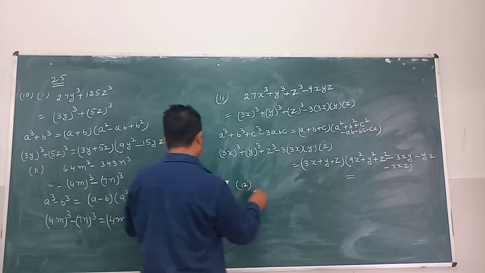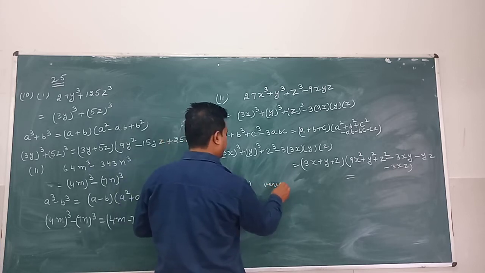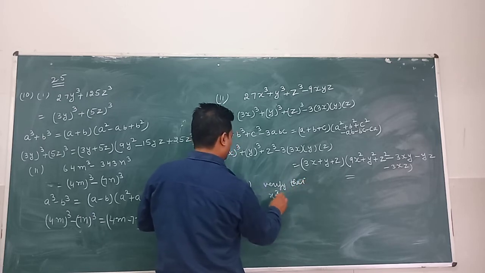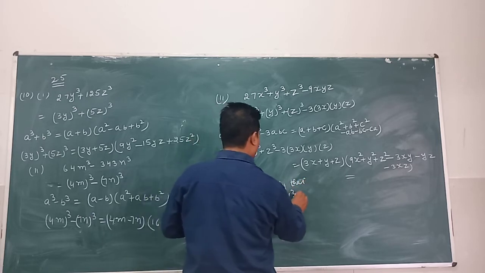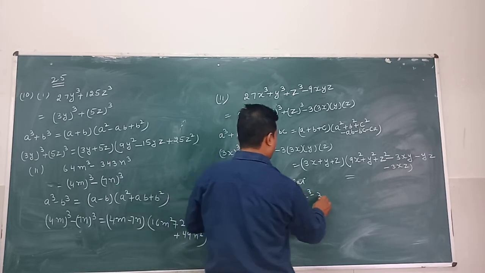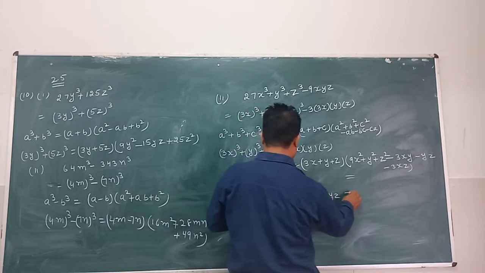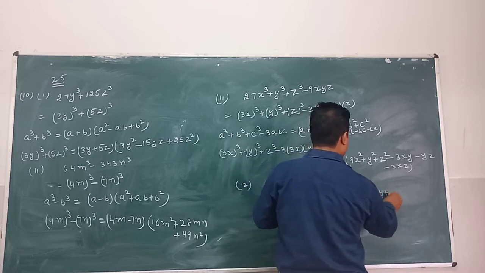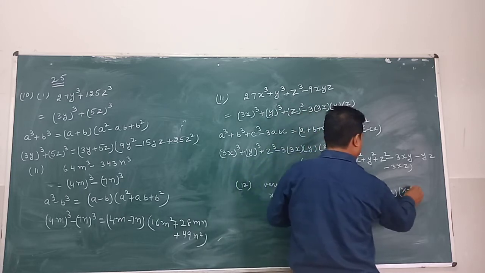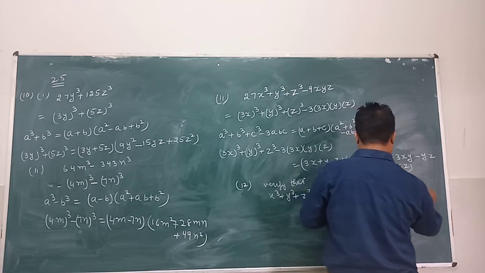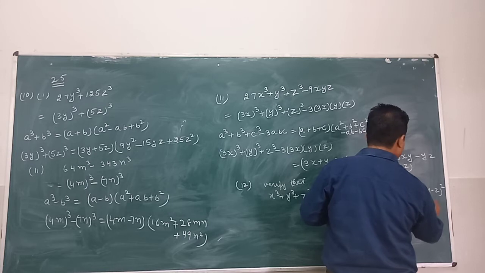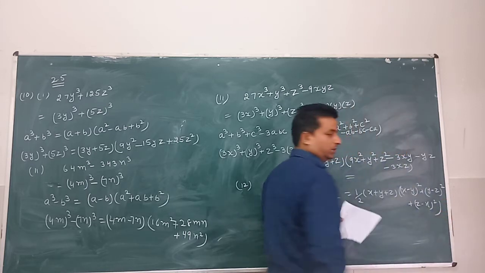In question number 12, verify that x cube plus y cube plus z cube minus 3xyz equals 1/2 (x plus y plus z)((x minus y) whole square plus (y minus z) whole square plus (z minus x) whole square).